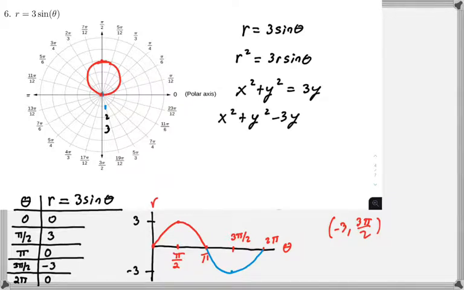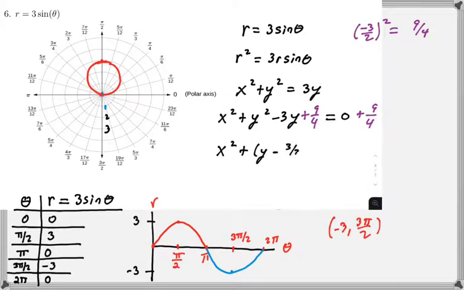And what I'm going to do is complete the square. So I'm going to take the linear coefficient of -3, divide that by 2, and then square that. So I'm going to add 9/4 to both sides of the equation here. And so now I have x squared plus y minus 3/2 quantity squared is equal to 3/2 quantity squared.